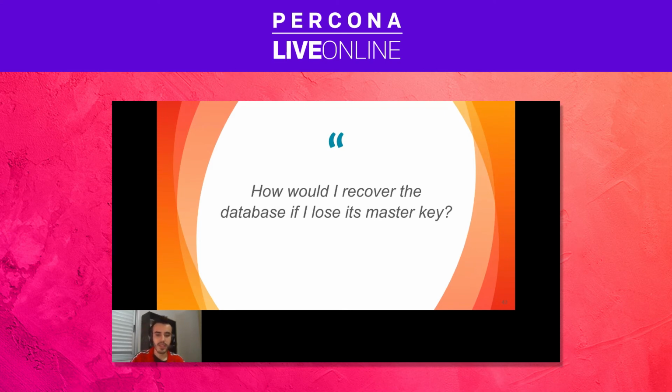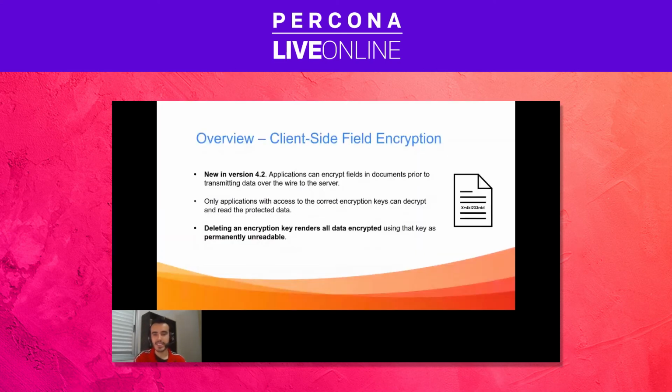Okay. And the new feature that was implemented in Mongo 4.2 is client field encryption. Different from the disk-level data at rest encryption, client field encryption is done by the driver. So you need to check if your driver supports this method.